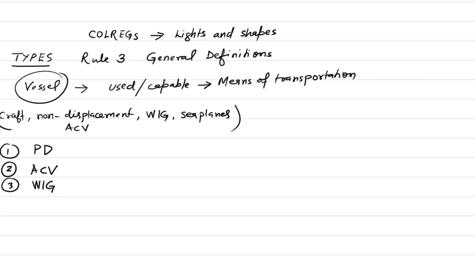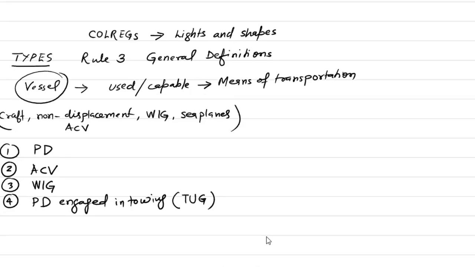All right. Then fourth is power driven vessel engaged in towing. By the way, this is also a power driven vessel engaged in towing. So we will call this, in short, tug, right?